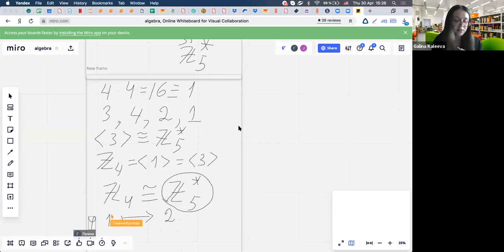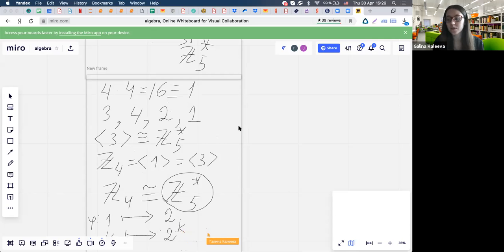But we can construct a homomorphism which maps this generator 1 to this generator, and then every element k goes to 2 to the k's power in multiplicative notation, and this is an isomorphism, you see? Because it's injective, it's surjective, and it's a homomorphism.